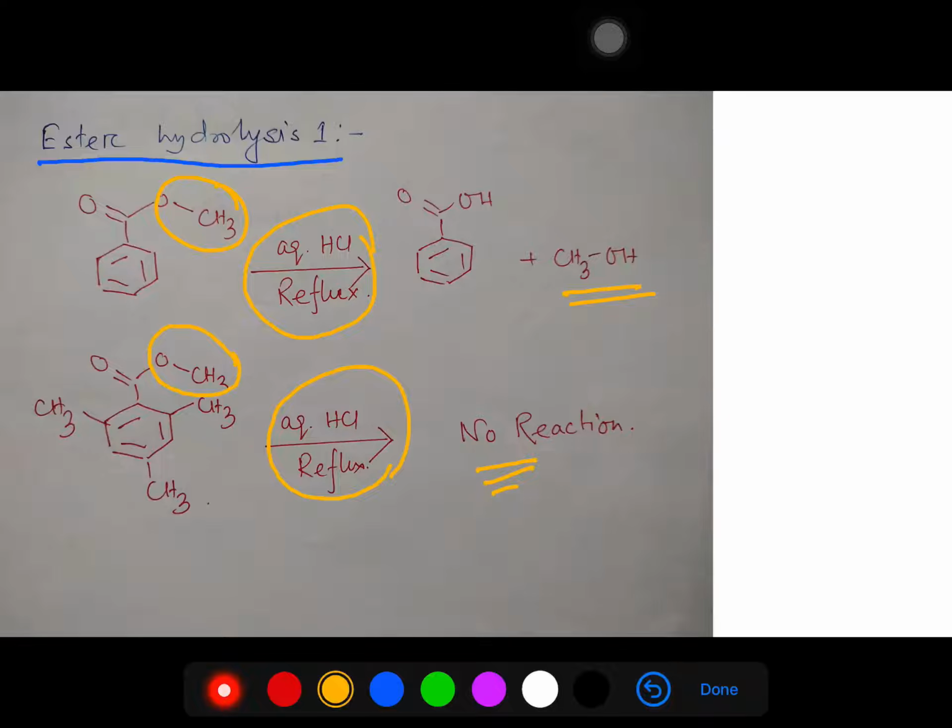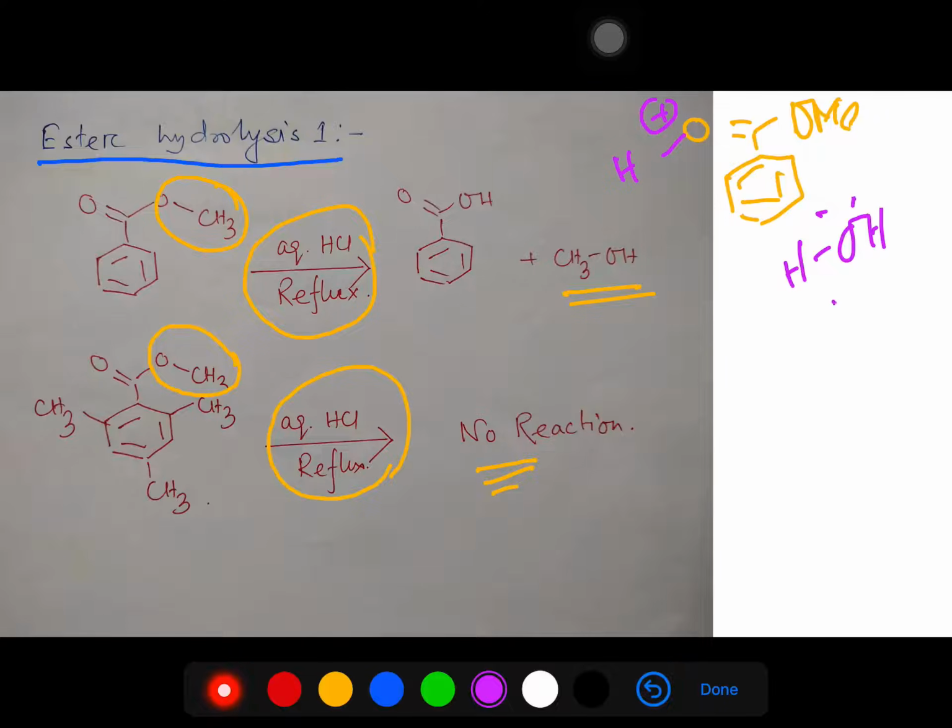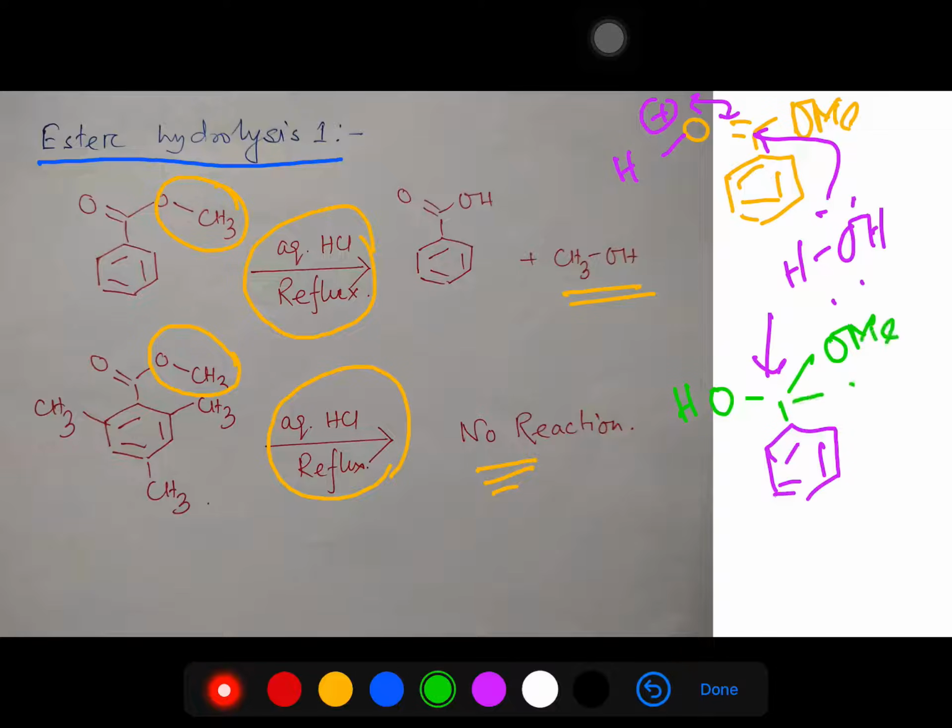So the question is why? Actually this is relatively easy. In this case, first protonation occurs, then nucleophilic attack. Let me draw something. First, protonation occurs on the carbonyl, then the water molecule attacks the carbonyl carbon. In this way an intermediate is produced, with one OH, one OMe, and another OH2 having a formal positive charge on oxygen.